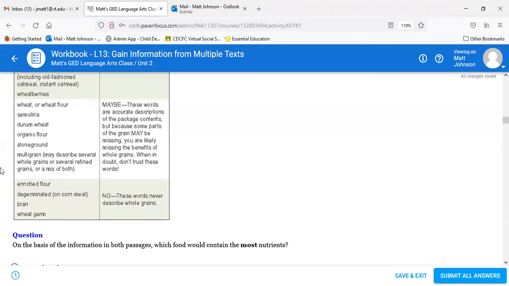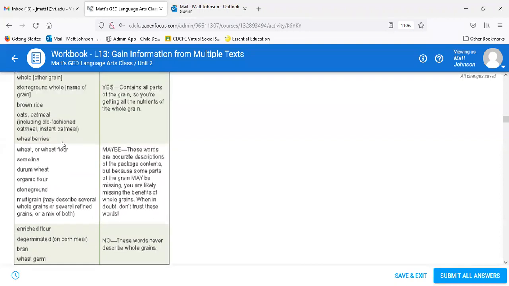Second little box goes from wheat or wheat flour to multigrain, and it says maybe. So these are accurate descriptions of the package contents, but because some parts of the grain may be missing, you're likely missing the benefits of whole grains. When in doubt, don't trust these words.